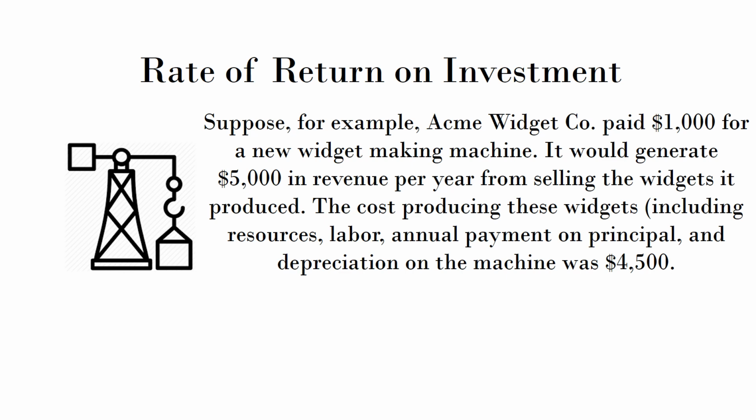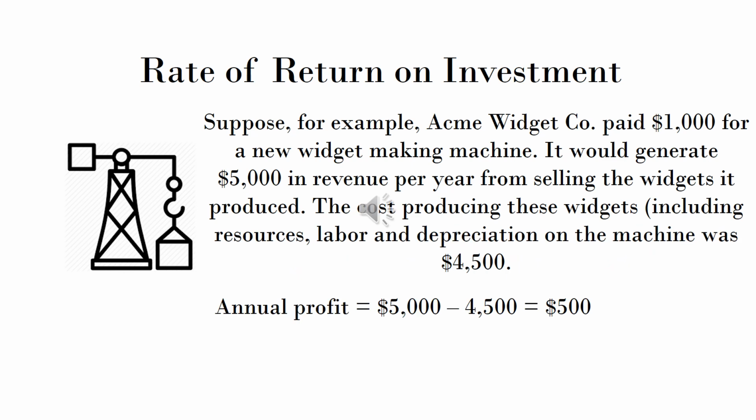The cost of producing these widgets, including the resources such as labor, natural resources, and the depreciation on the machine was, let us say, $4,500. The annual profit would be $5,000 in revenue minus the $4,500 in cost for $500.